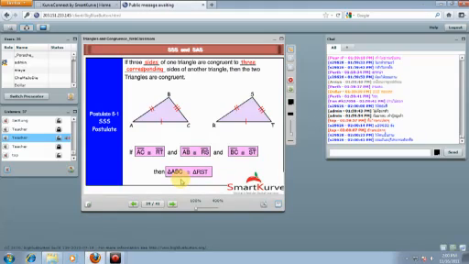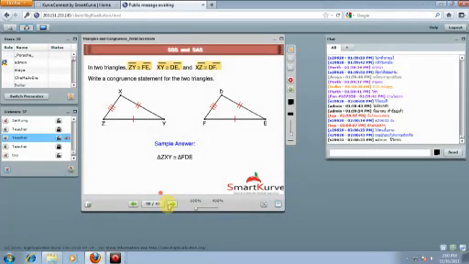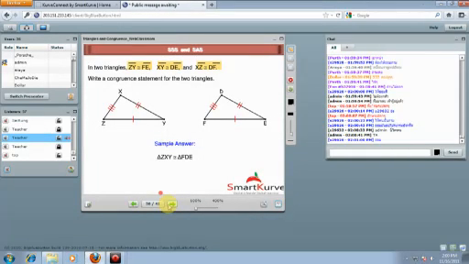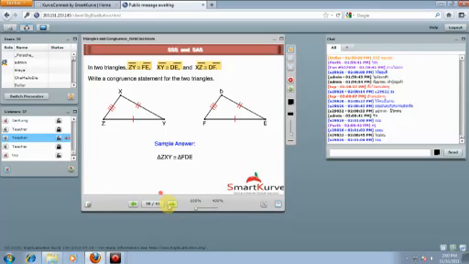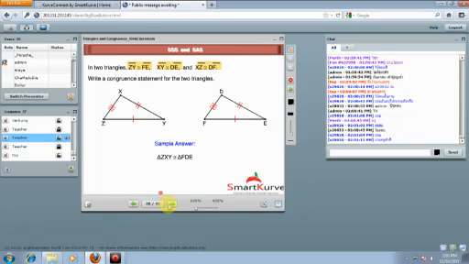If three sides of one triangle are congruent to three corresponding sides of another triangle, then the two triangles are congruent. In two triangles, side ZY equals side FE, side XY equals side DE, and side XZ equals side DF.